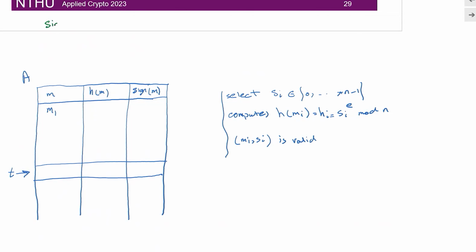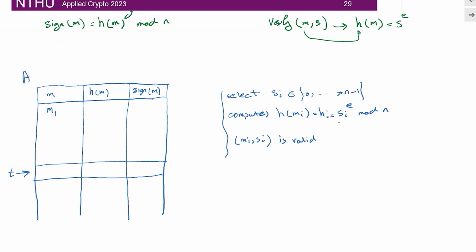In order to sign a message, we compute the hash of M, raise it to the power D, and compute mod N. In order to verify a message and signature, let me just use S because we're using S from here on, we check if the hash of M, computed using the hash function, is equal to S to the power E. We get the signature, raise it to the public key exponent mod N, and these two entities should be equal. This is exactly the trick that we use over here.